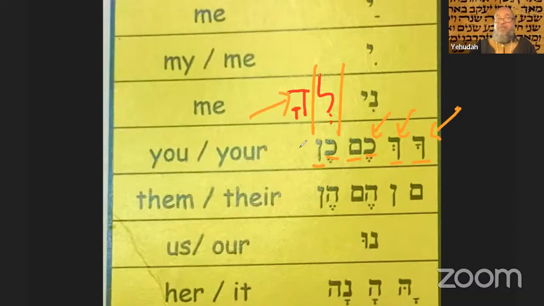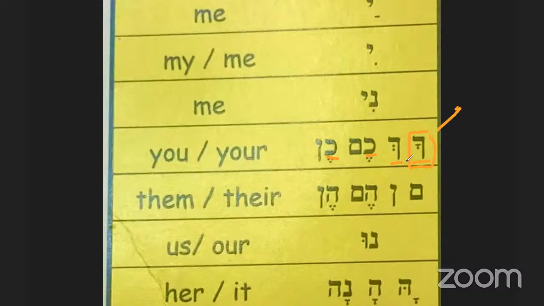Okay. Person, place, or thing. So to you. And because it has this, that lets you know that it's masculine. This one right here is feminine. So you're going to have your masculine, you're going to have your feminine. So let me ask you a question. This one right here, is it masculine or feminine? Feminine.